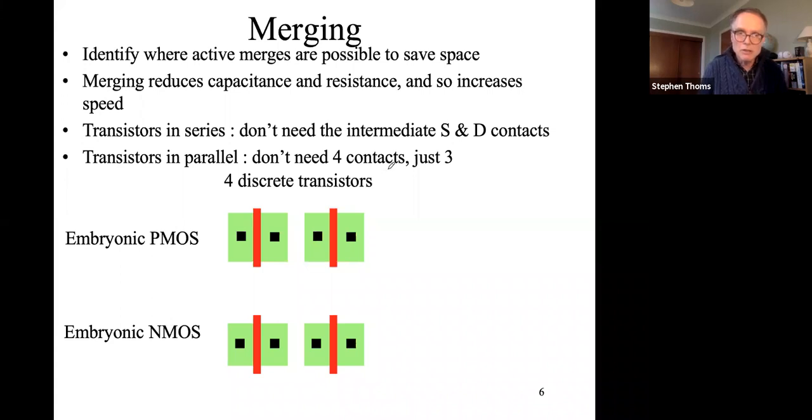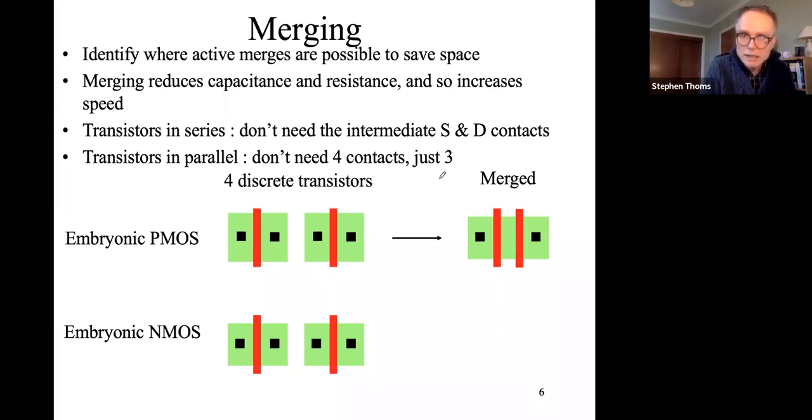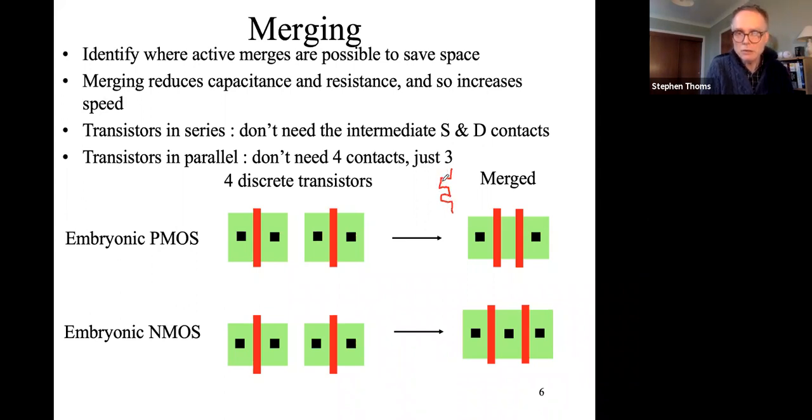So if you've got transistors in series, you don't need the intermediate source and drain contacts. So you can merge them like that. Basically, you've got 2 transistors here in series. Just draw it quickly like that. These are PMOS, but it doesn't actually matter particularly whether it's PMOS or NMOS.